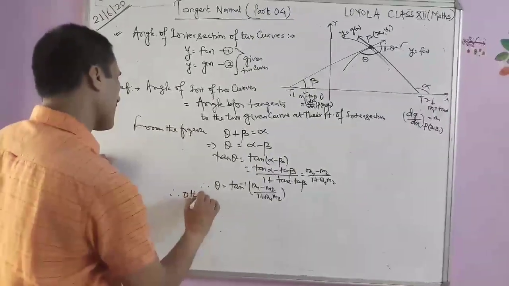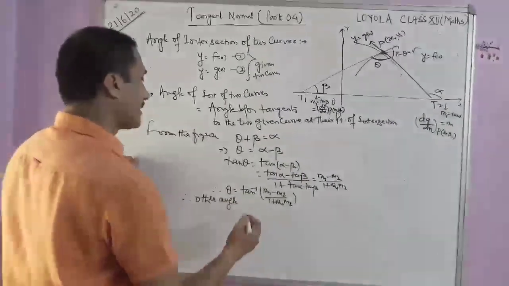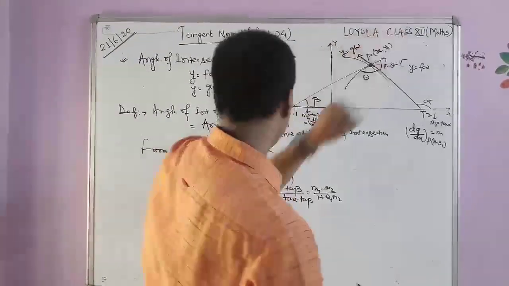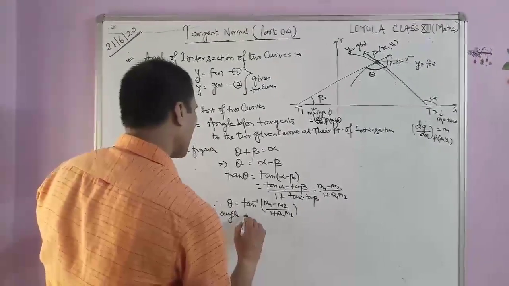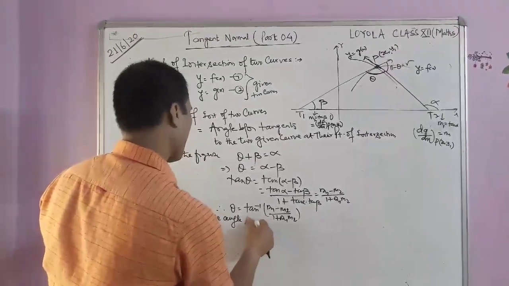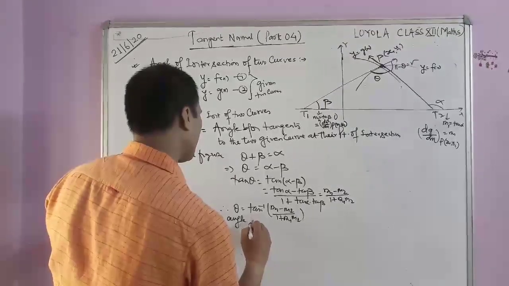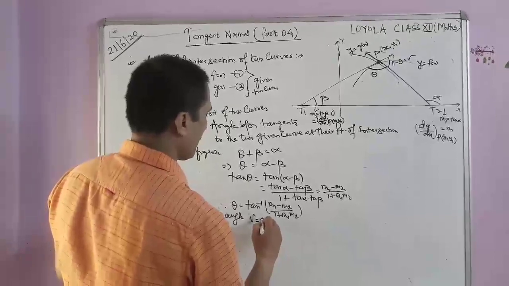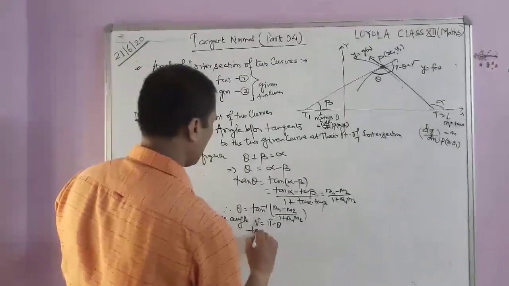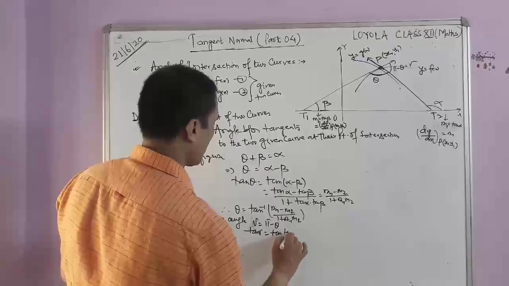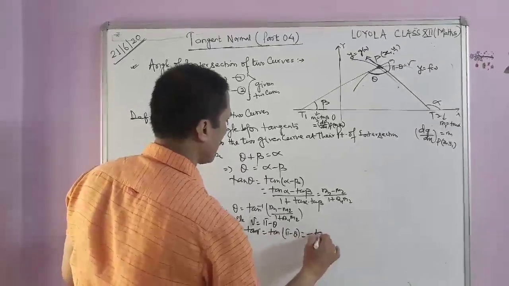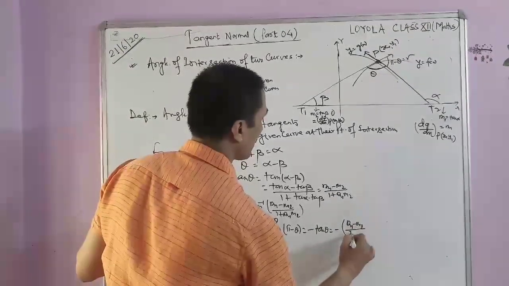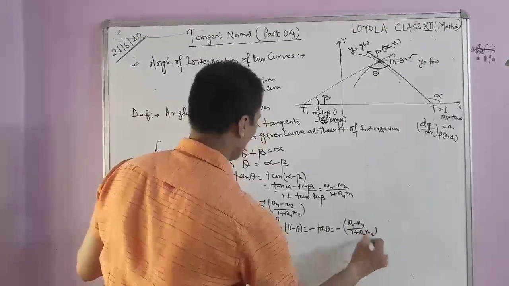Therefore the other angle, here the other angle is pi minus theta, assuming gamma, the other angle gamma equals pi minus theta. Therefore tan gamma, tan of (pi minus theta), that is minus tan theta, minus of (m1 minus m2 divided by 1 plus m1 m2).